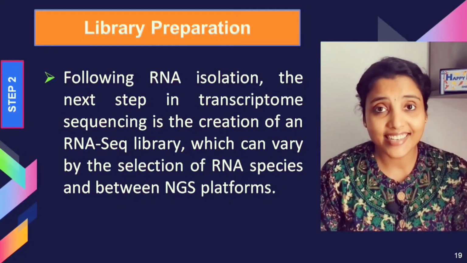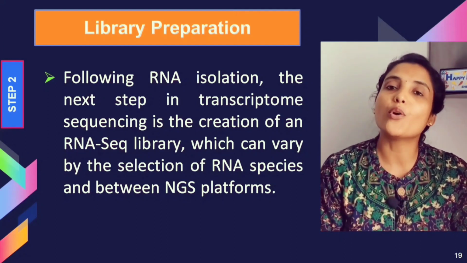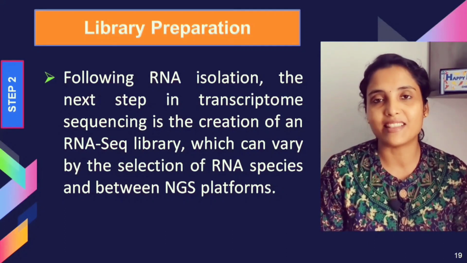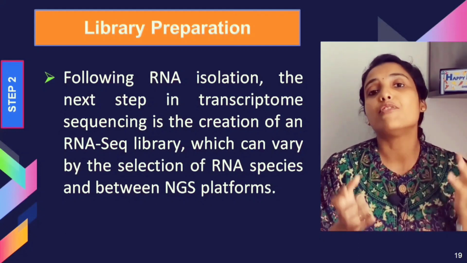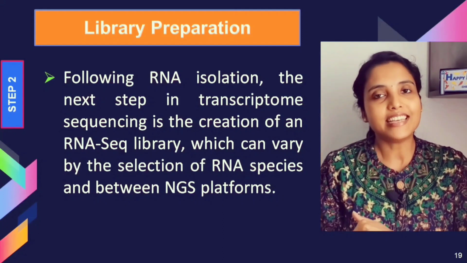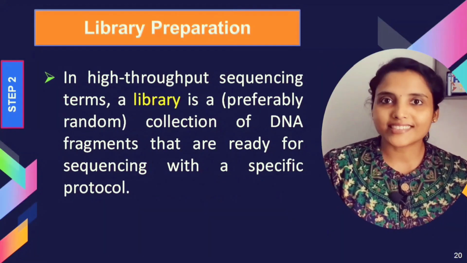Now, in today's session on RNA-seq, we'll be focusing on Illumina sequencing, that is the sequencing by synthesis method by Illumina. So our library preparation step will focus on adding adapters which are compatible with the Illumina platform for sequencing.